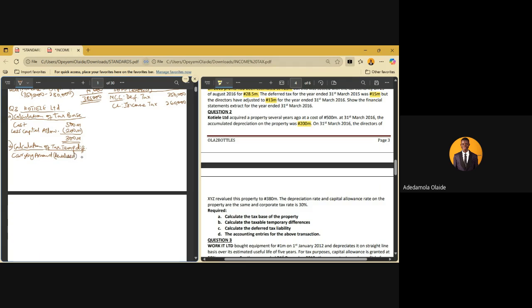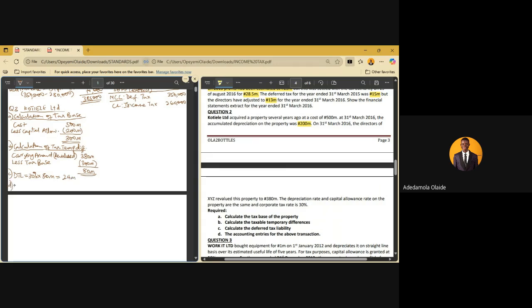Revalued, 380 million, less tax base, 300 million. That will give us 80 million. Then C, we have to calculate deferred tax liability. The deferred tax liability will just be the tax rate multiplied by the taxable temporary difference, 80 million, and that will give us 24 million.